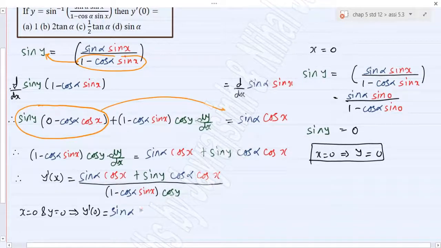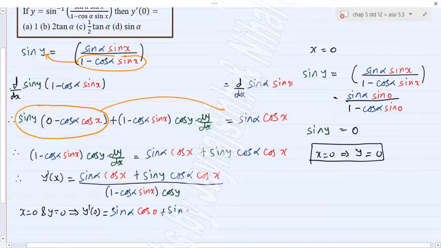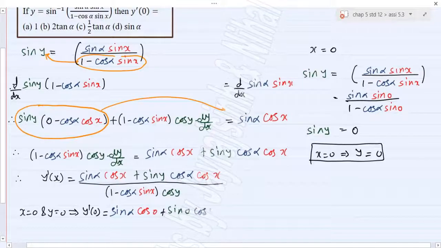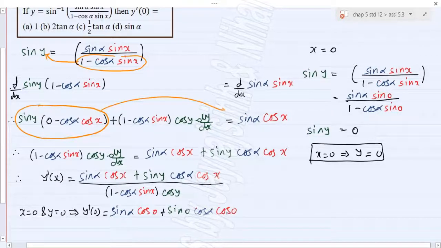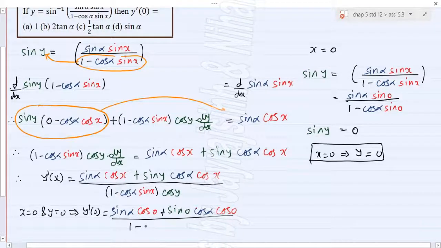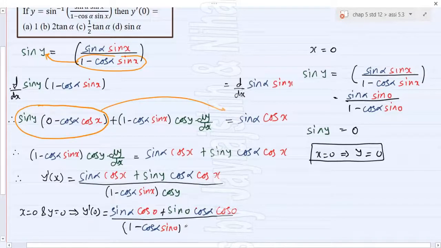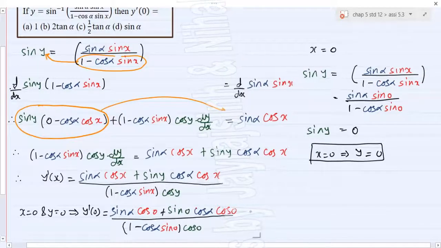sine alpha cos 0 plus sine 0 cos alpha cos 0, whole divided by 1 minus cos alpha sine 0 into cos 0.